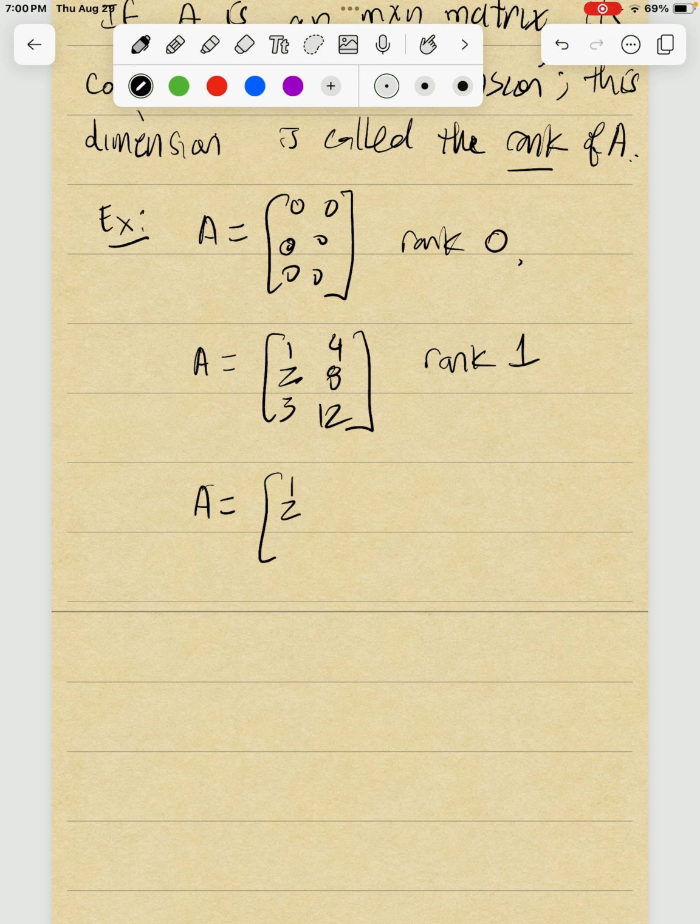And if you have two linearly independent vectors like this, 1, 2, 3 is a vector in R3, and 4, 5, 6 is a vector in R3. Those two vectors are independent. So this matrix has rank 2.